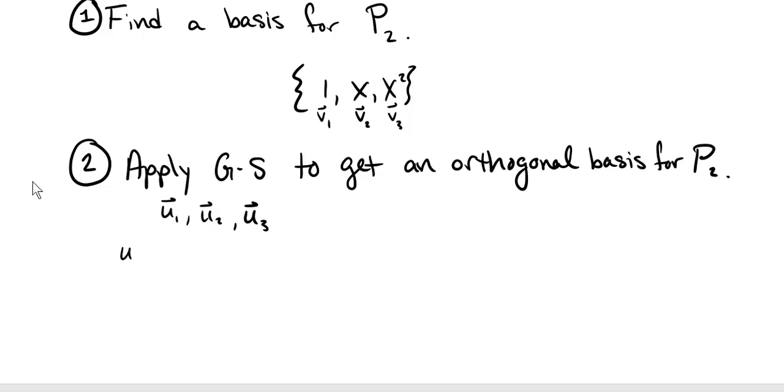So first step, take U1 and just let it equal your first vector in your basis. U1 just equals the function 1, the constant function. That's a 0-degree polynomial.